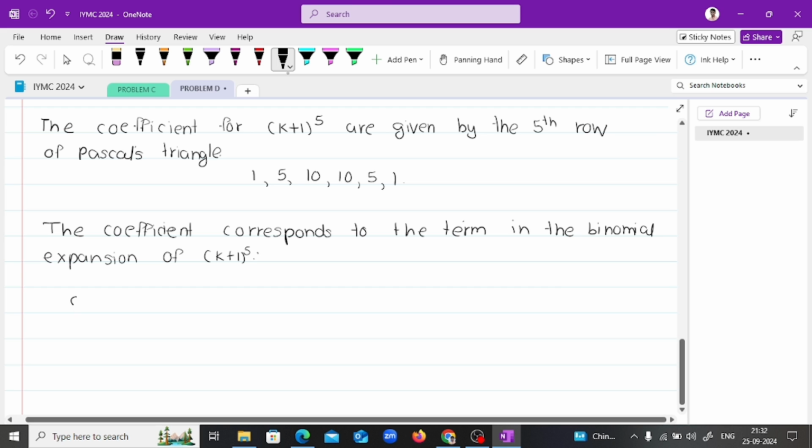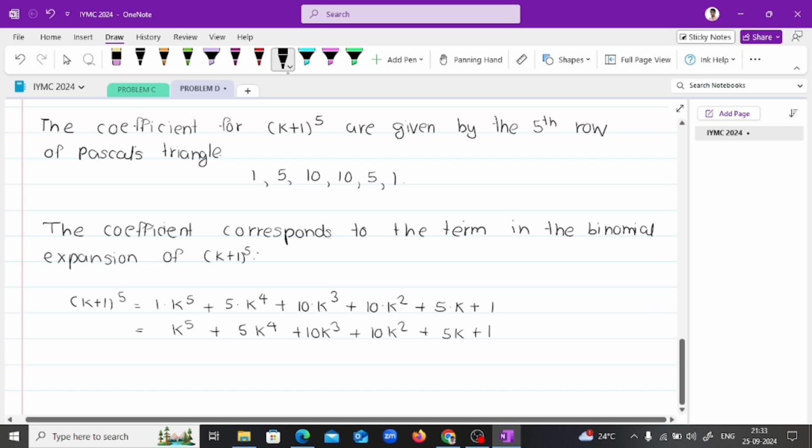They are as follows. So k plus 1 raised to 5 is equal to 1 into k raised to 5 plus 5 into k raised to 4 plus 10 into k raised to 3 plus 10 into k raised to 2 plus 5 into k plus 1. So it will be k raised to 5 plus 5k raised to 4 plus 10k cube plus 10k square plus 5k plus 1.